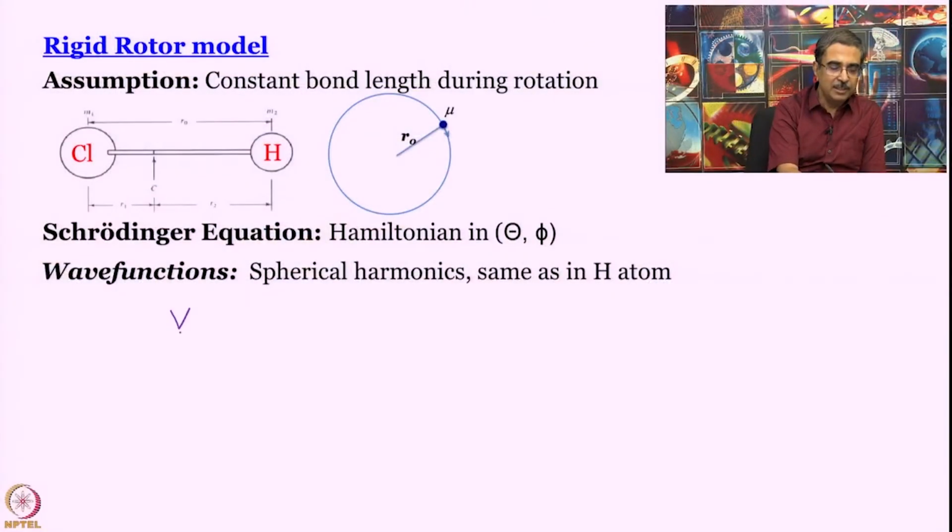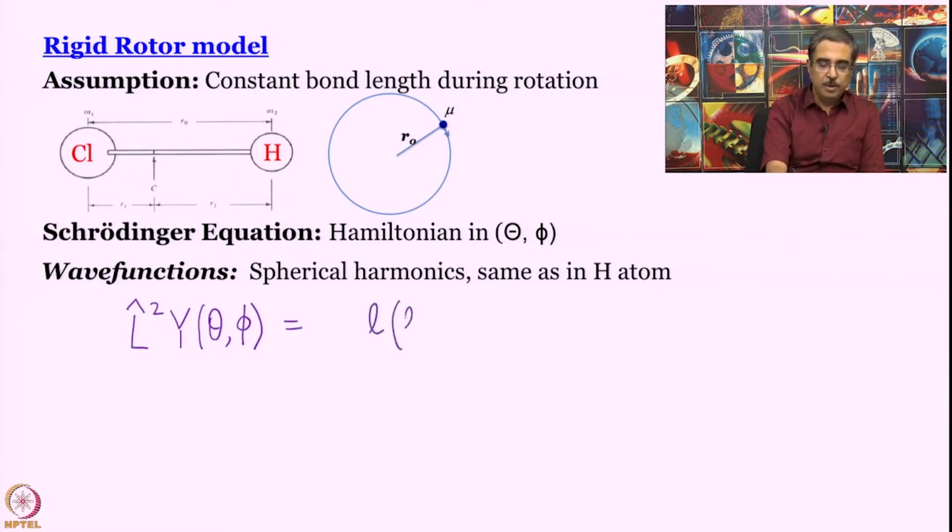What do we know about the spherical harmonics of the hydrogen atom? We know that the spherical harmonics, which we have written as Y, are functions of theta and phi. They are eigenfunctions of the L square operator with eigenvalue L into L plus 1 multiplied by h square divided by 4 pi square.